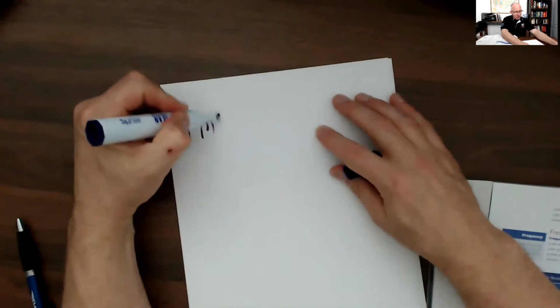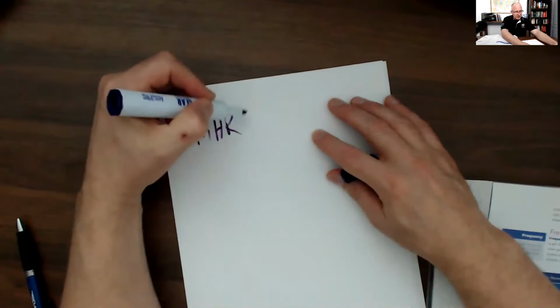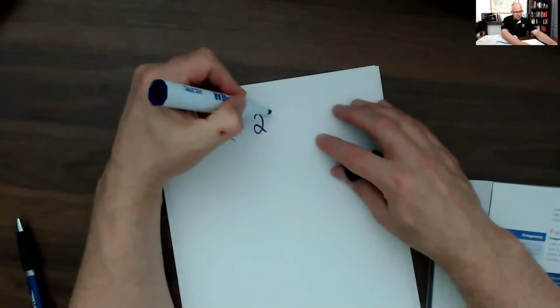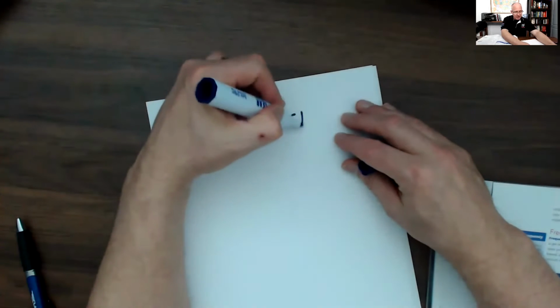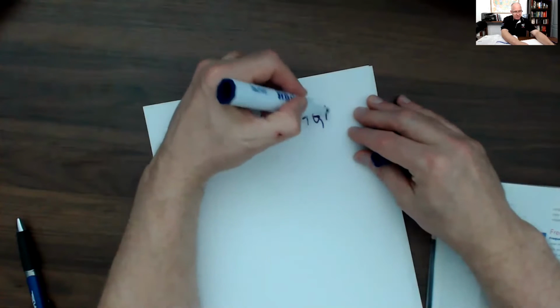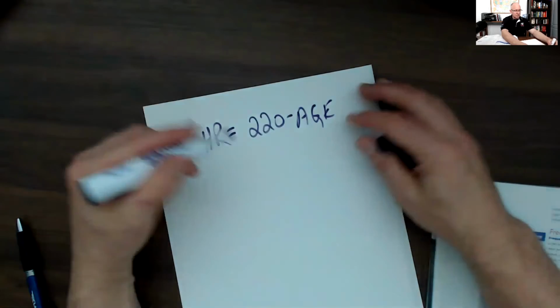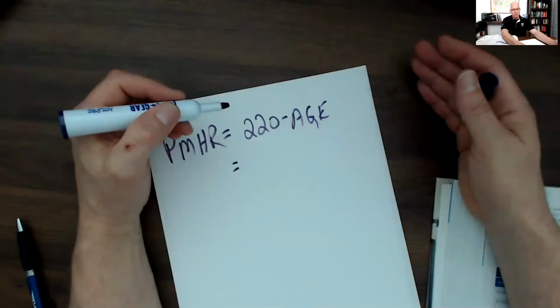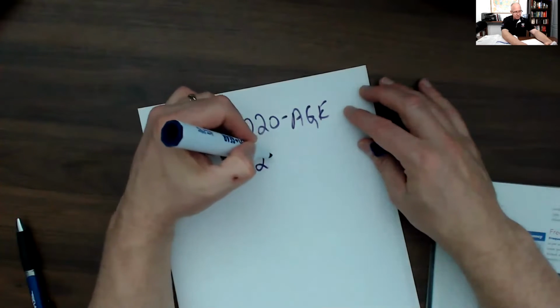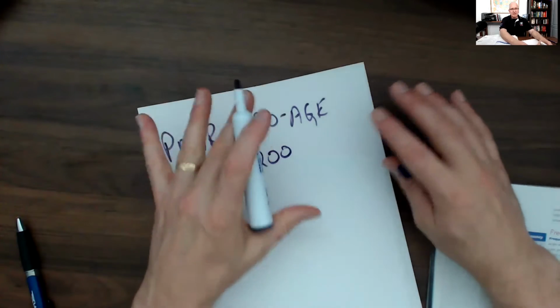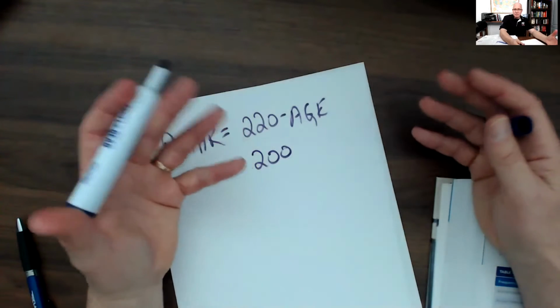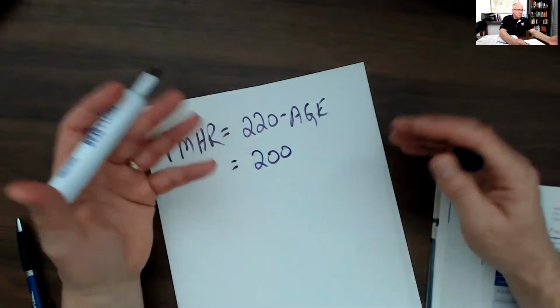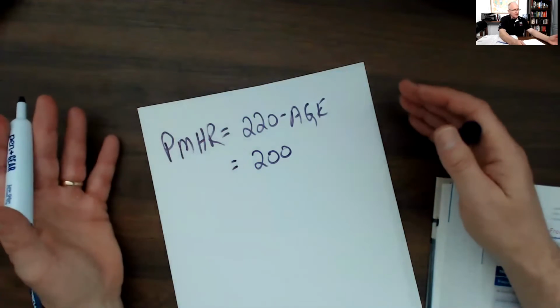So your predicted max heart rate is equal to 220 minus your age. If I'm 20 years old, then my predicted max heart rate would be 200. Now, it does not mean that your max heart rate is actually 200. It's just a good indicator.